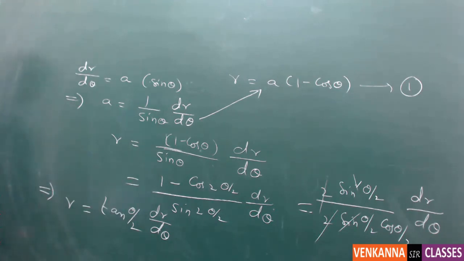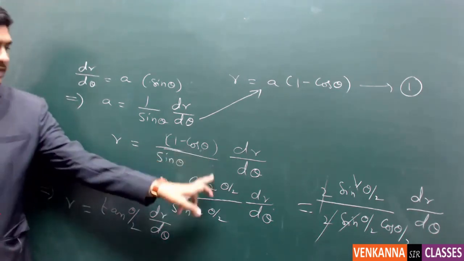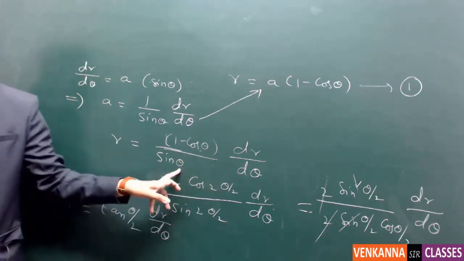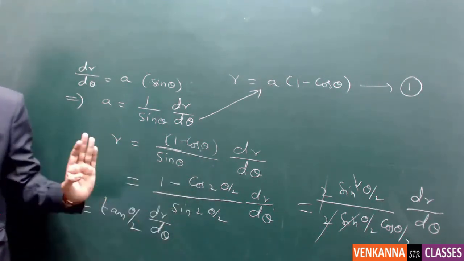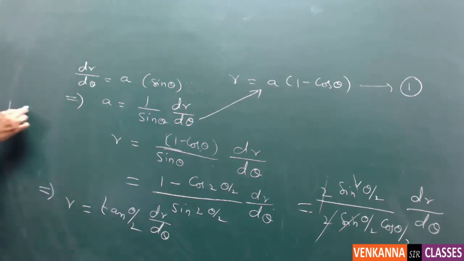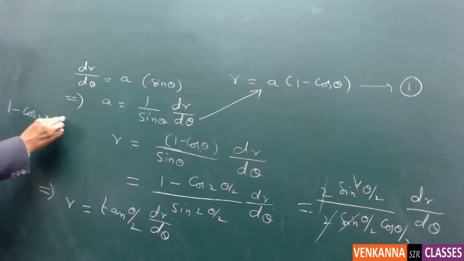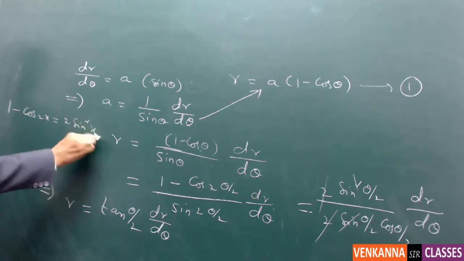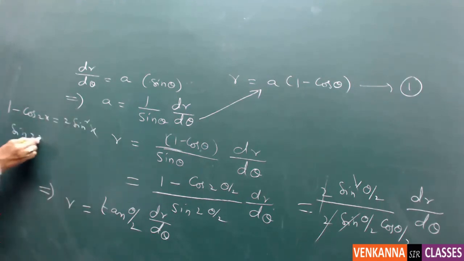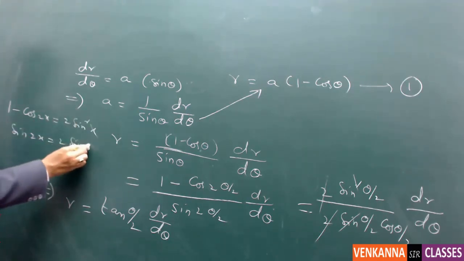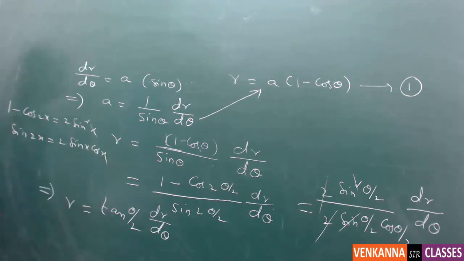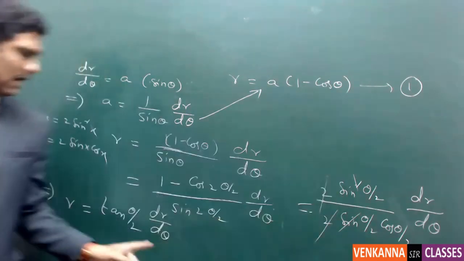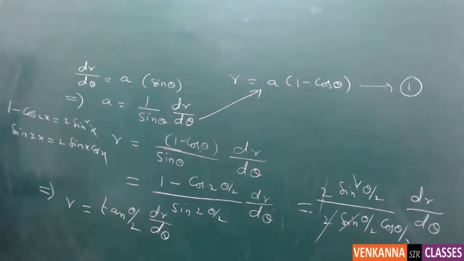To simplify that, we use the formula 1 minus cos 2x is equal to 2 sin square x, and sin 2x is nothing but 2 sin x cos x. So these formulas are used here and this is our result. Fine. So here x is nothing but theta by 2.